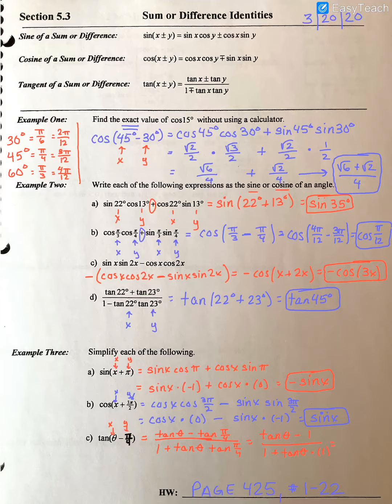Okay, not a lot of cleanup we could do here, but that's all right. My numerator is going to stay tangent of theta minus 1. My denominator, it's 1 plus tangent theta times 1. Well, tangent theta times 1 is just tangent theta. So you can either say 1 plus tangent theta, or what I have written down is tangent theta plus 1. And that is your final answer there.